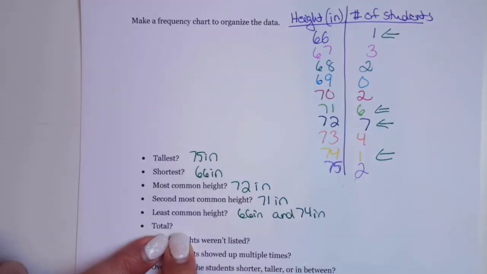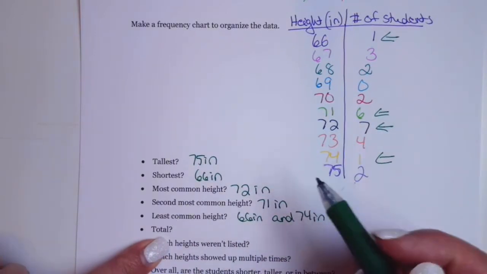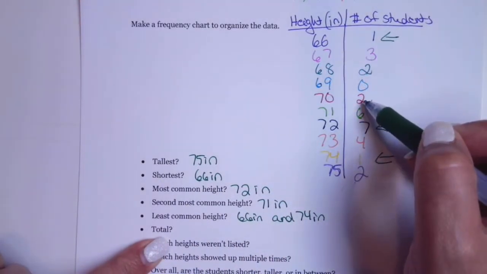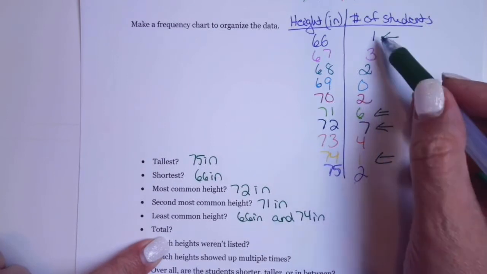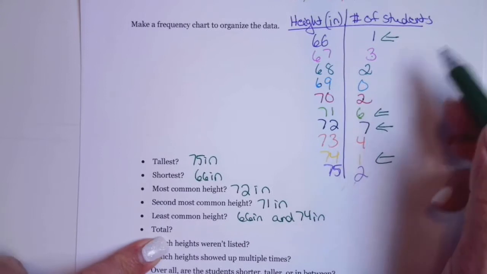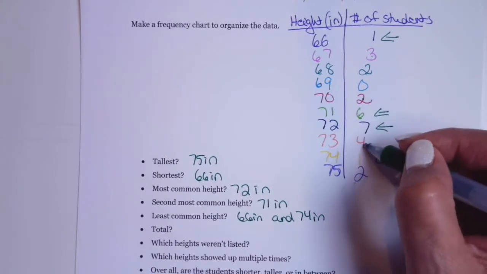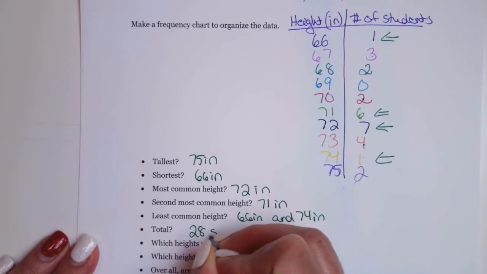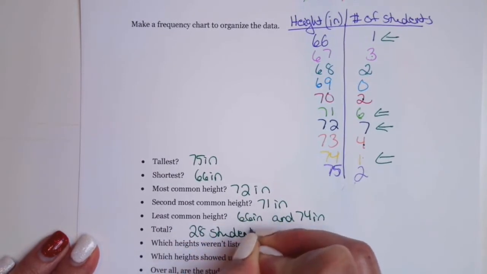Total, how many students do we have in total? 4, 6, 12, 14, 18, and that's a 10, 28 students total.